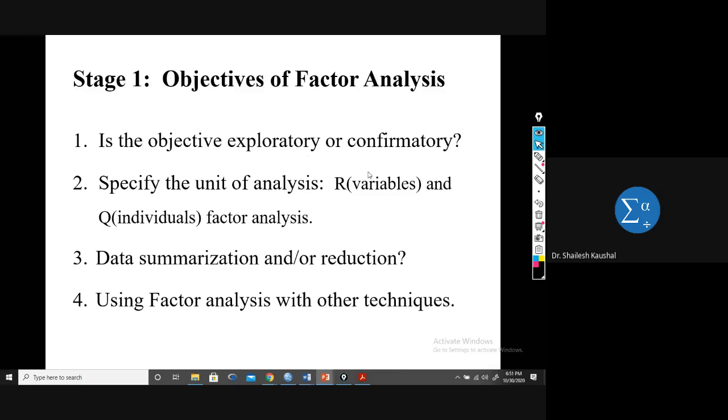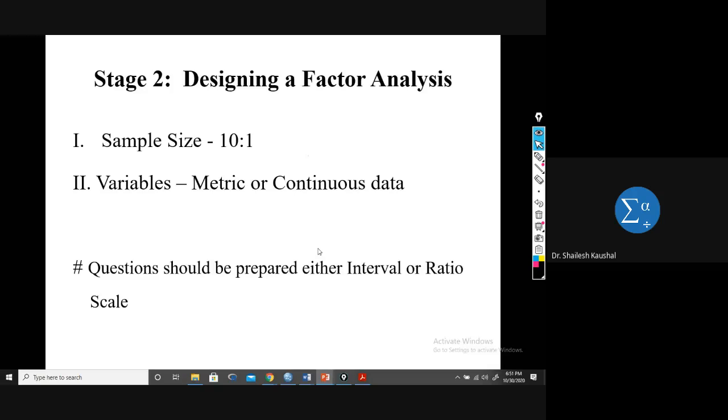Our purpose is to club heterogeneous questions into a few factors. Next is using factor analysis with other techniques: after conducting the exploratory factor analysis, we can use these factors for further analysis.